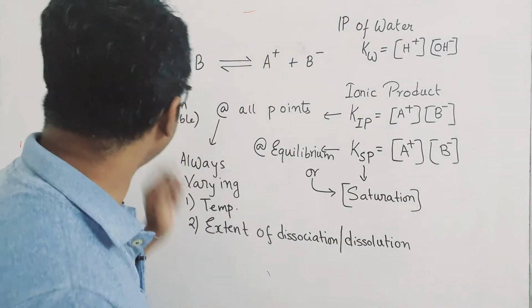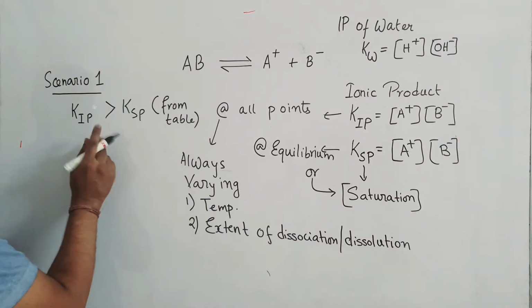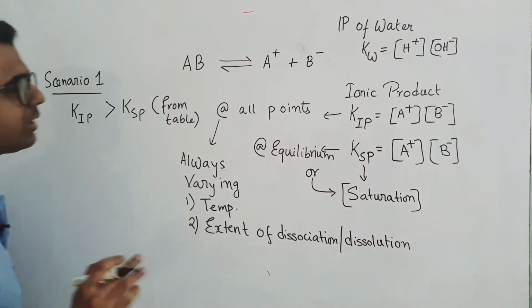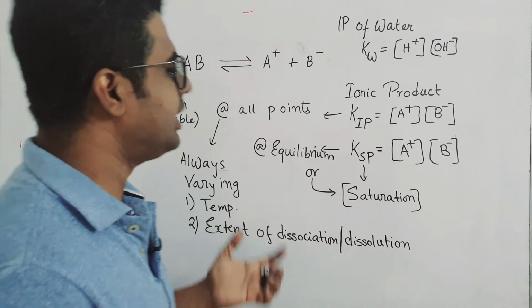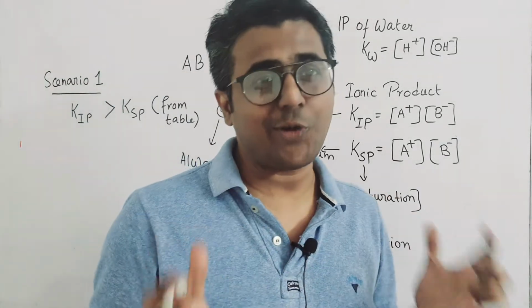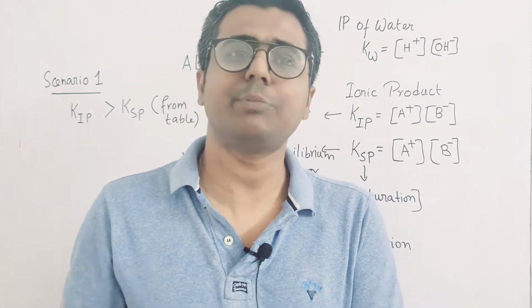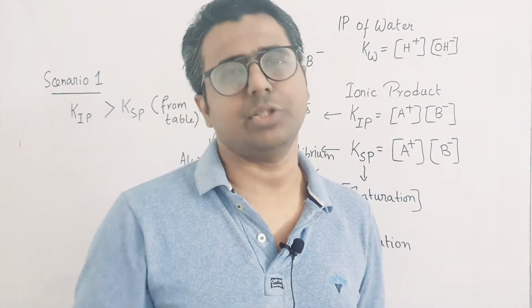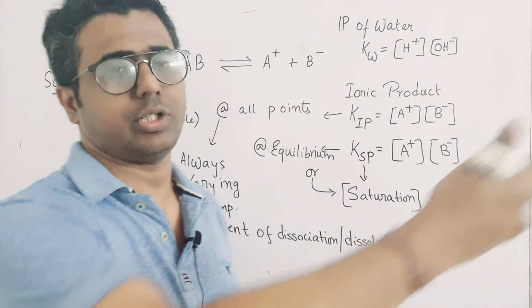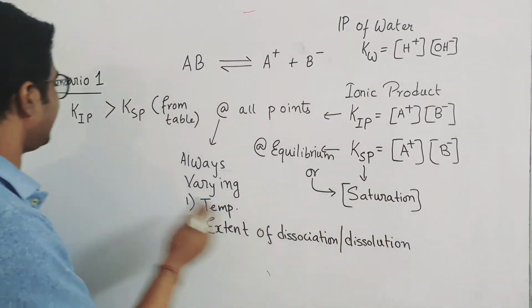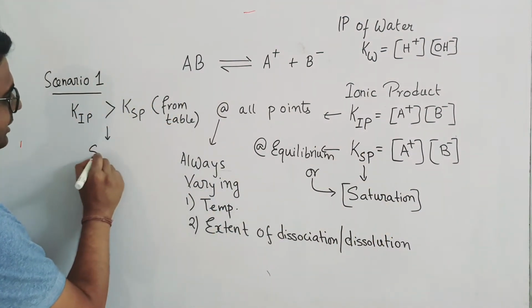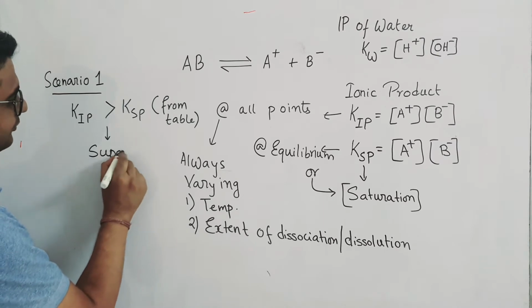So this denotes a scenario in which the dissolved salt is much more than the saturation. It has crossed saturation, so what will we call this? This is a supersaturated solution.